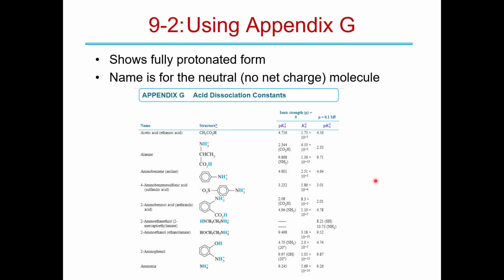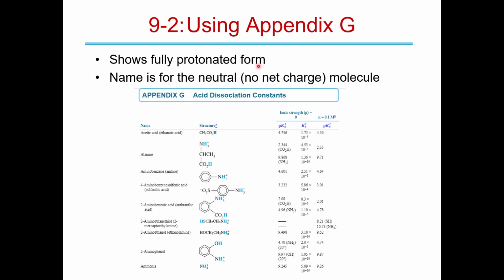So as I mentioned, we can look up acid dissociation constants or calculate base dissociation constants by using a table in the back of our book. In the back of your book, Appendix G lists acid dissociation constants for a bunch of different acids. I wanted to talk a little bit about how to use this table. First off, the table shows only the fully protonated form. So this is always going to show you the conjugate acid form.